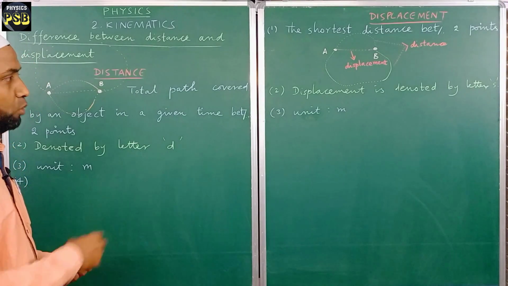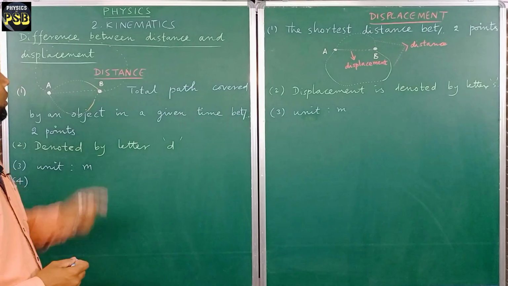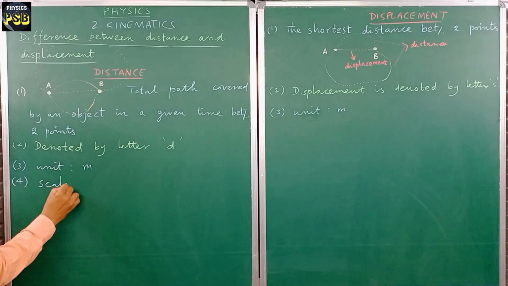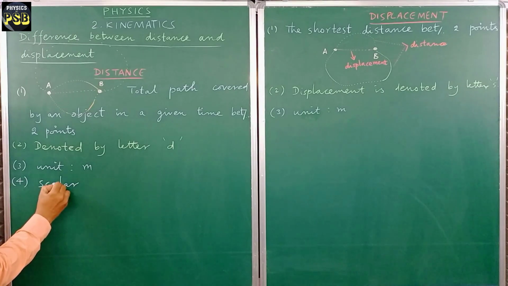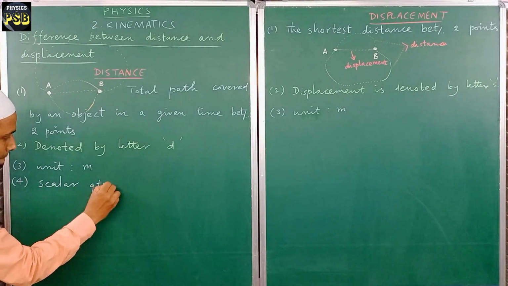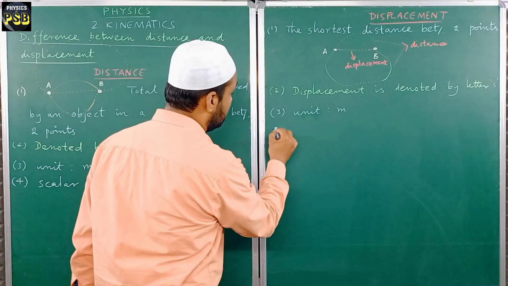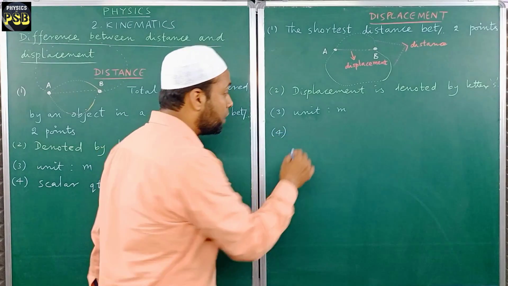The next very important thing you need to know about distance and displacement is the type of physical quantity they belong to. Here, distance is a scalar quantity. Whereas displacement is a vector quantity.